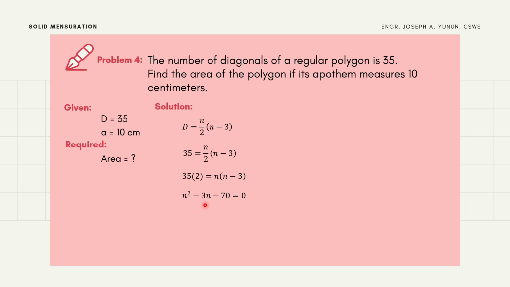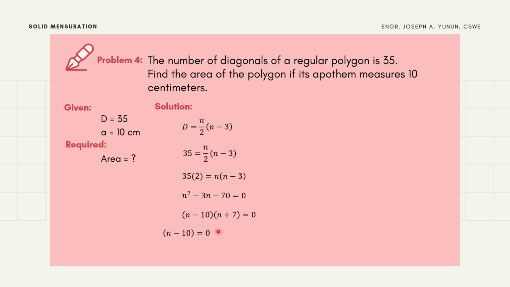For this particular problem, I will be using factoring. The factors of this given equation are n minus 10 and n plus 7. From these two factors, you will equate each one of them to 0, so n minus 10 equals 0 and n plus 7 equals 0.